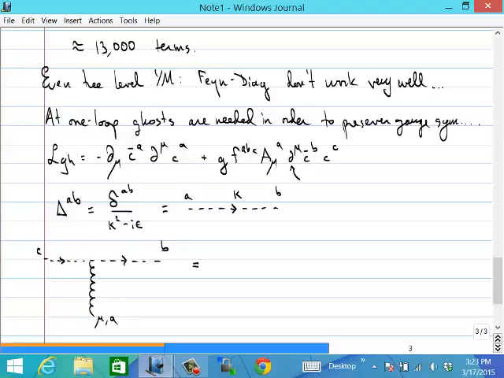So if we call the momentum of that outgoing ghost q, you get an interaction vertex, which is the structure constant f^{ABC}, times, well, you have the derivative of that guy. The derivative is minus i times the momentum operator. So that's g times f^{ABC} q^mu.